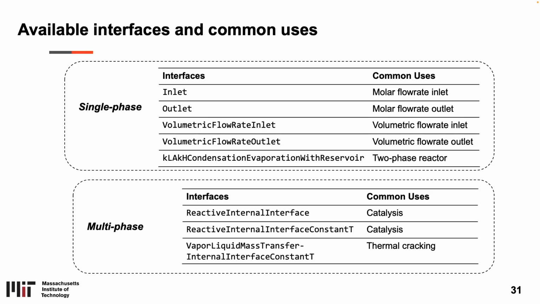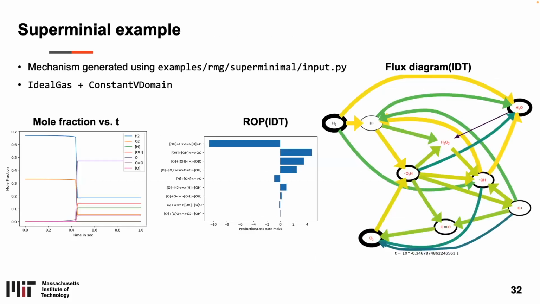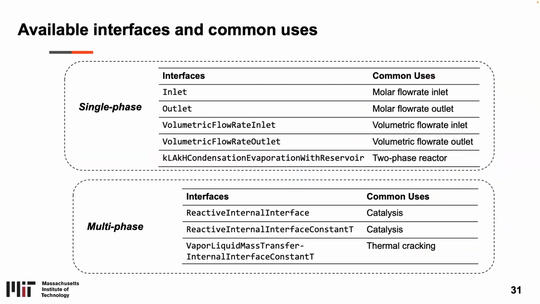And for multi-phase, we support the multi-phase reaction or multi-phase mass transfer. And using these combinations, it's kind of like Legos. You just combine all these options together to make it do what your system does.